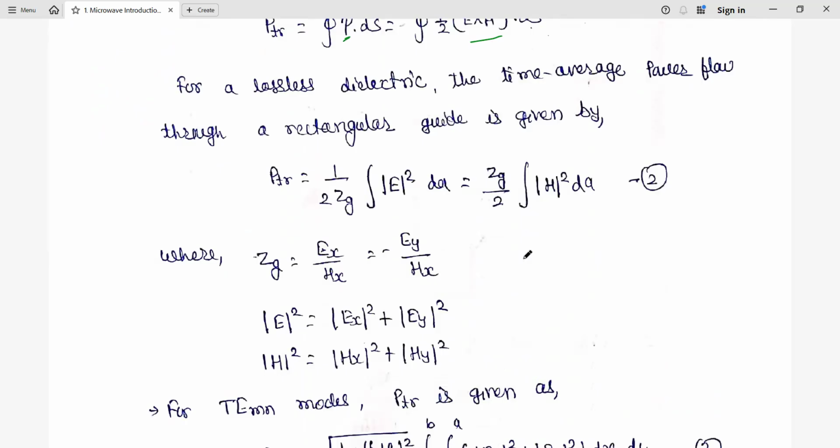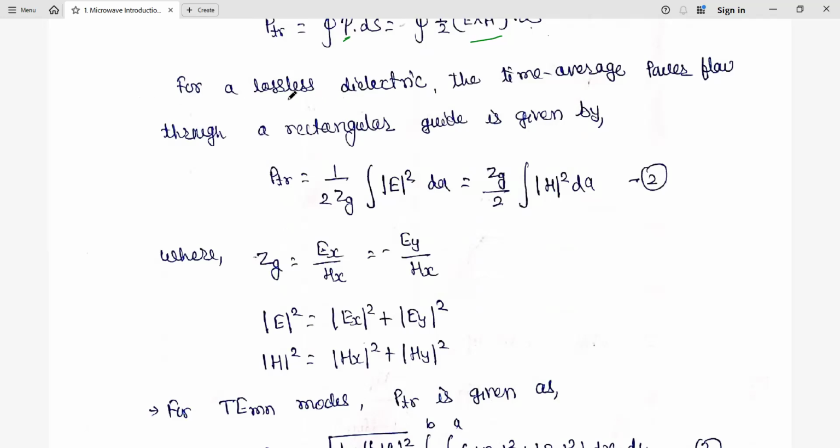Now we are going to consider lossless dielectrics. Lossless dielectric means conductivity is 0 if it is a perfect dielectric, but in a lossy dielectric we have somewhat non-zero conductivity.